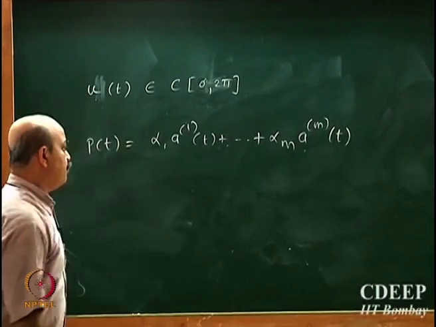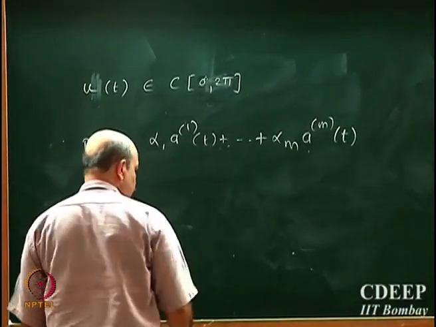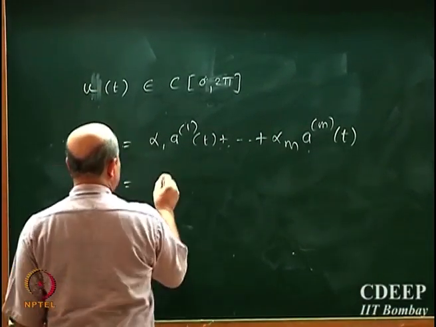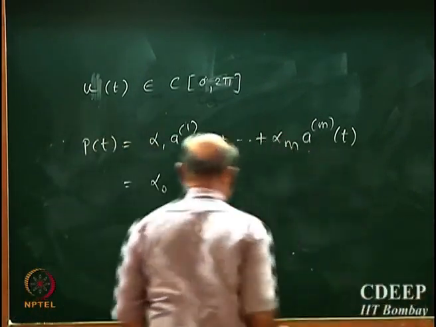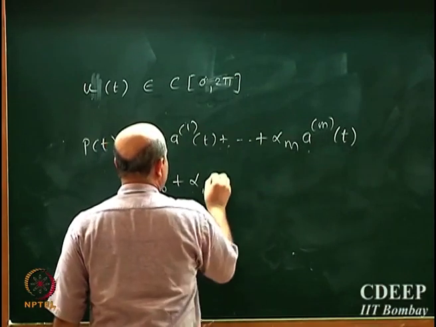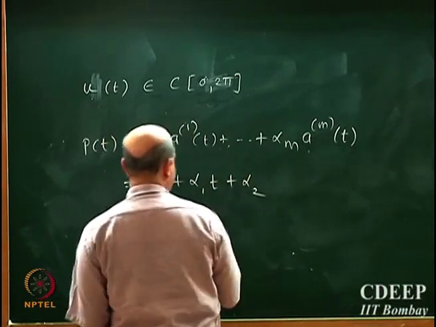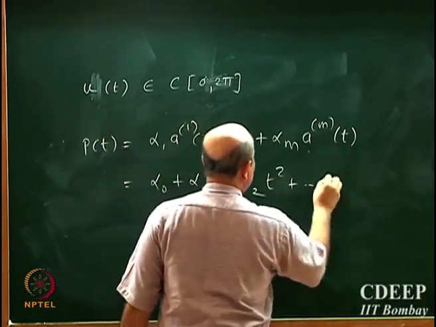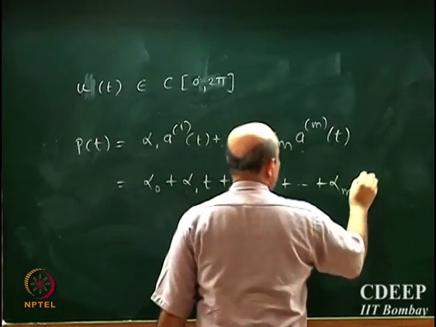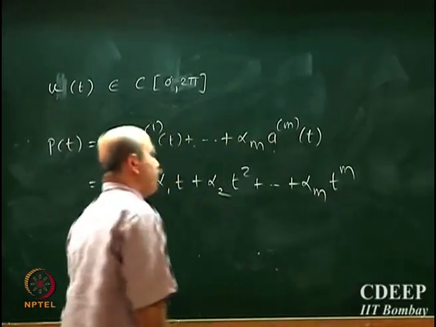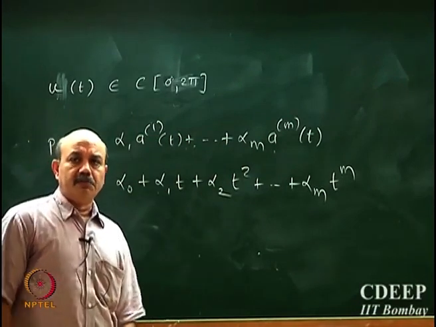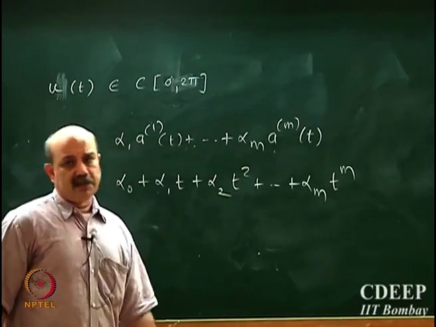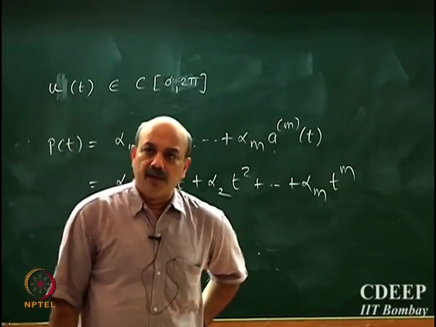Particularly when you pick this to be a polynomial, that is, alpha 0 plus alpha 1 t plus alpha 2 t square, for this particular case I showed that you end up with this Hilbert matrix, and this Hilbert matrix is trouble inverting.